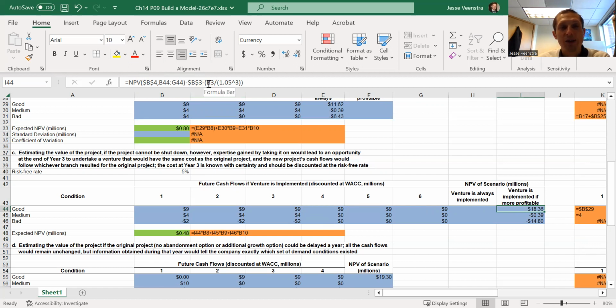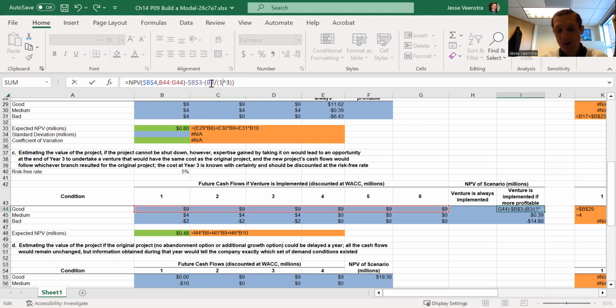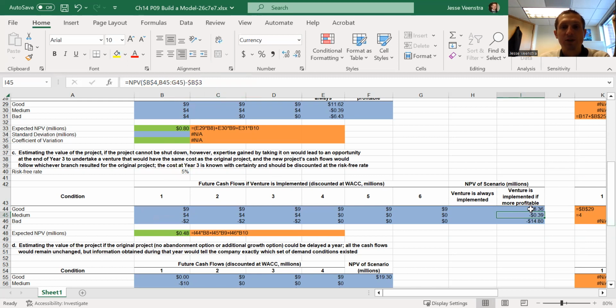So that $10 million investment divided by 1 plus my risk-free rate, which would also be B40, to the third power, because it's 3 years. And then I find my net present value there, and I weight it just the same as I have in the previous examples.